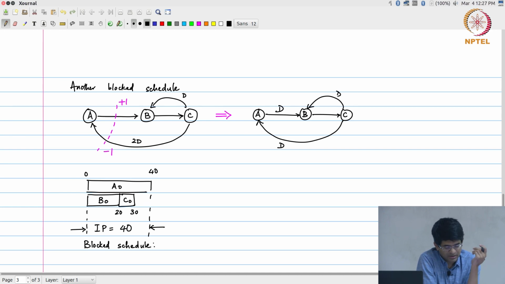Okay. Now from an implementation point of view, usually of course it ultimately depends on the kind of hardware that you are designing and how you would go about implementing it, but a block schedule is probably slightly easier to implement. Why? Because for executing any operation on a piece of hardware, you need to have some enable signal or some instruction, something that's going out to that piece of hardware saying, now you are going to execute this particular operation.